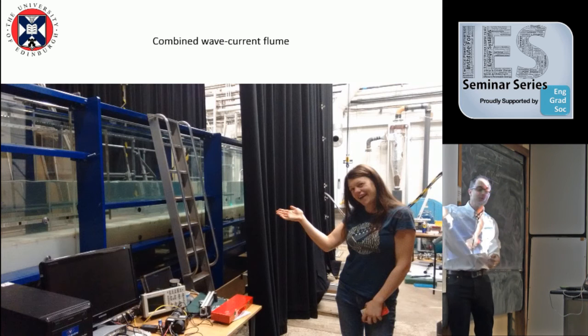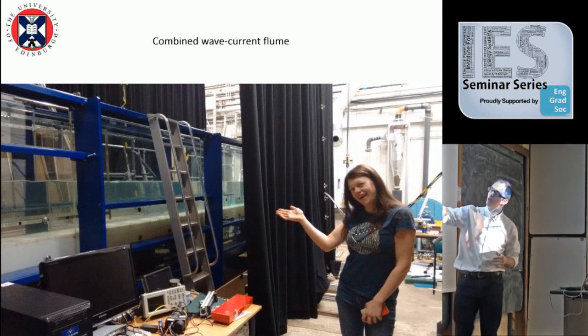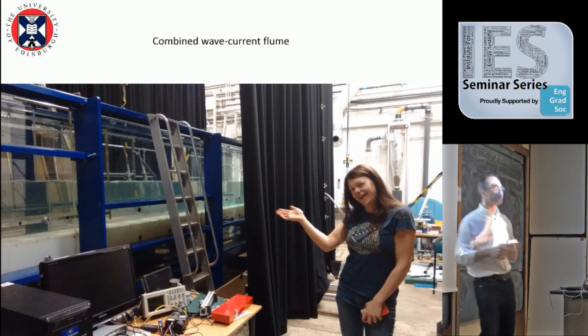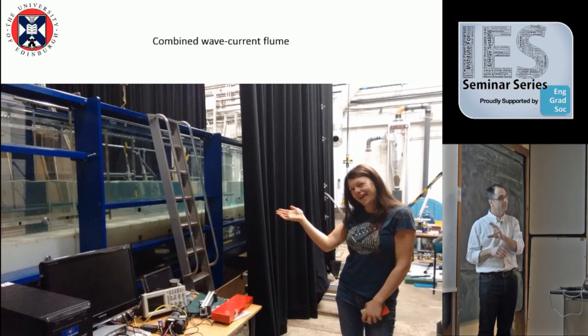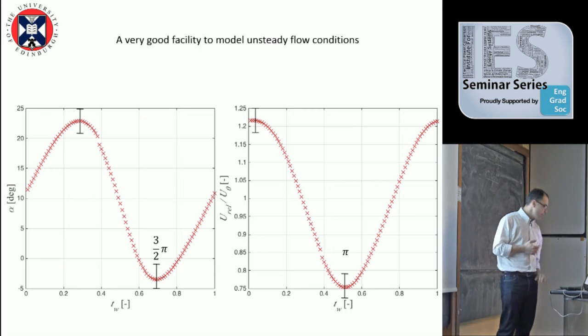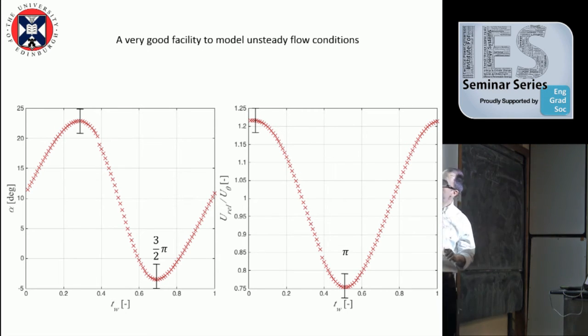One of the fantastic things we have here is the possibility to test this in our flume. We have a flume which has two paddles at the edge, so we can potentially create a tidal stream and at the same time generate these waves, and we can measure what happens.